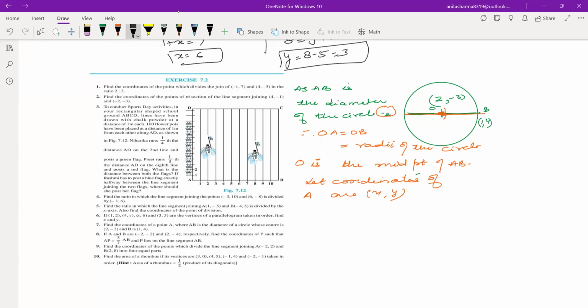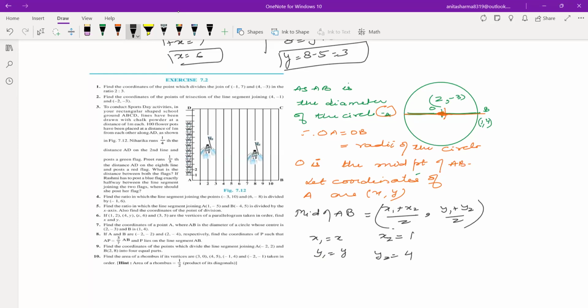So the midpoint of AB will be equal to x1 plus x2 divided by 2, comma y1 plus y2 divided by 2. So x1 will be x, y1 will be y, x2 will be this one, 1, and y2 will be equal to 4. Clear this thing, beta?